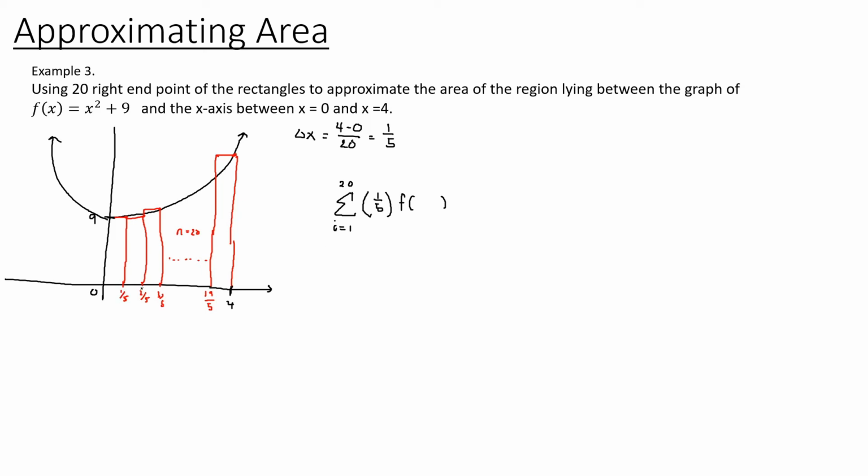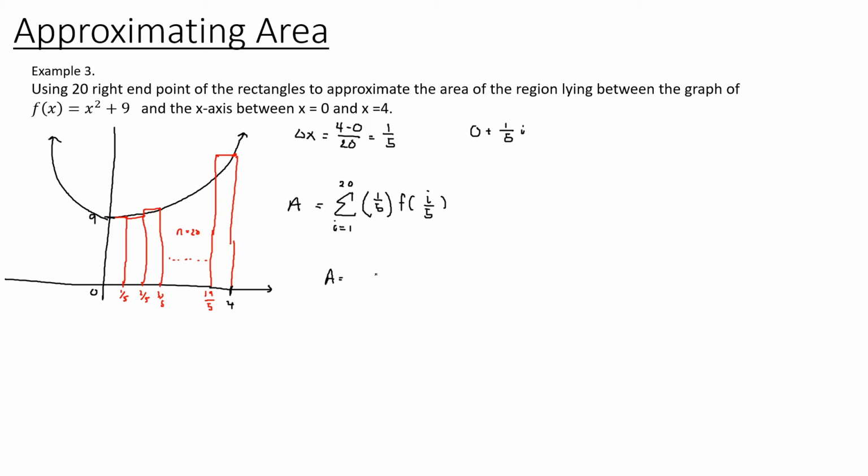Adding another width, in this case another 1/5, gives 2/5, and so on. So you could tell each rectangular shape is increasing by 1/5 starting from 0. So 0 plus 1/5 of i. So the pattern is i over 5, and this is your length, and this is your width.